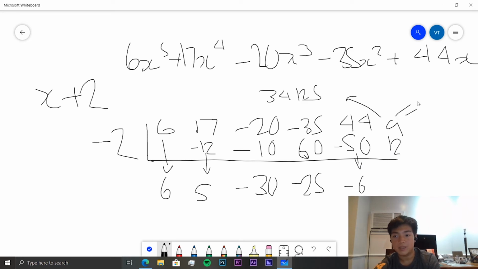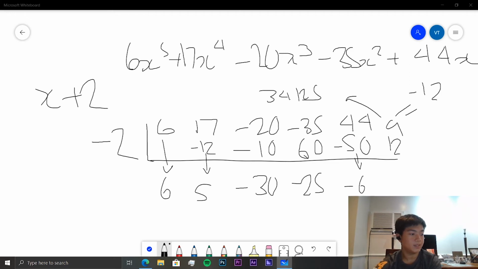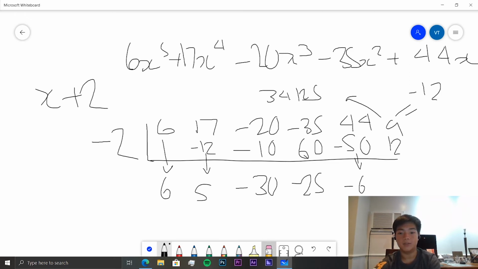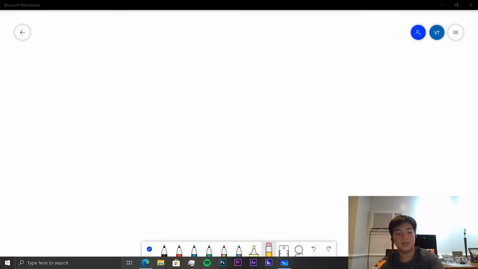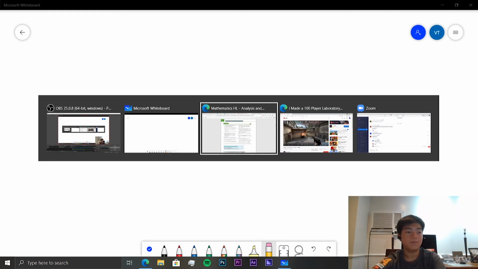So a must have been equal to negative 12. Yeah. So on to the next problem.